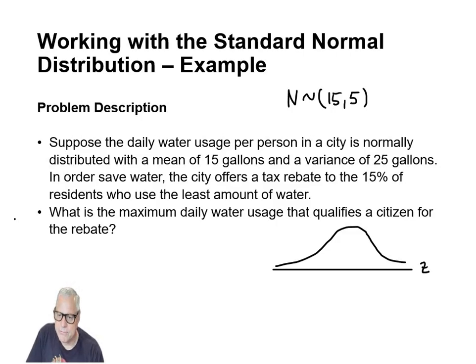So I need to find the z-score where the area to the left is 15%. So this area has to be 15%. Okay, so we should get a negative z-score.